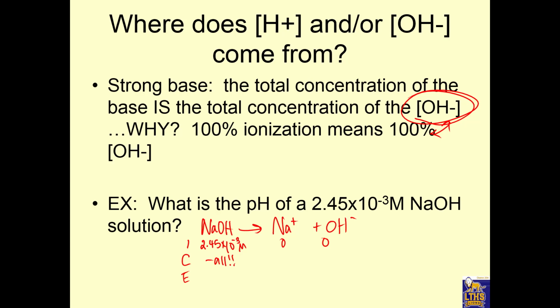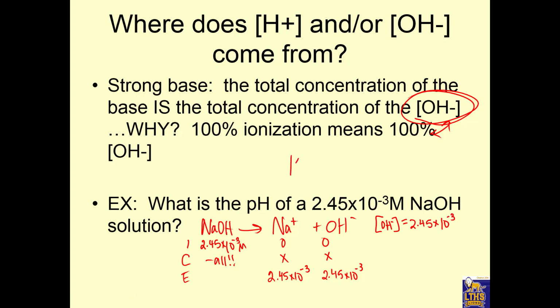So we're going to get X and X. But at equilibrium, that X is 2.45 times 10 to the negative third and 2.45 times 10 to the negative third. But be careful. This time, it's the concentration of OH minus. OH minus is 2.45 times 10 to the negative third.